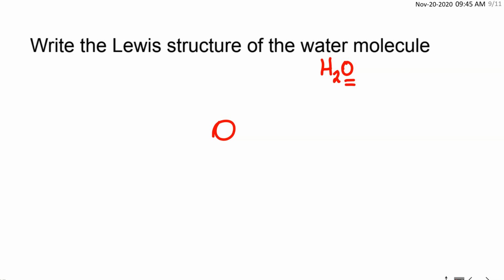So it gets put in the center, and hydrogen gets put around it. Okay? Now we're going to count the valence electrons. Hydrogen is in the first column, so it has 1 valence electron. And there are 2 of them. Oxygen has 6 valence electrons.